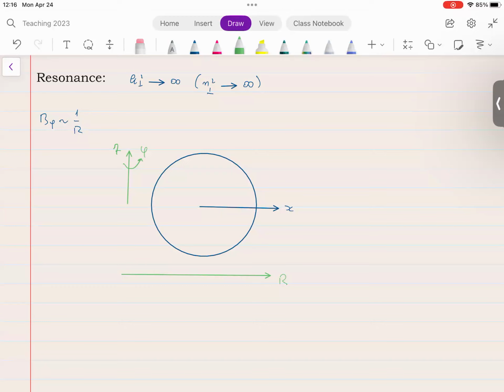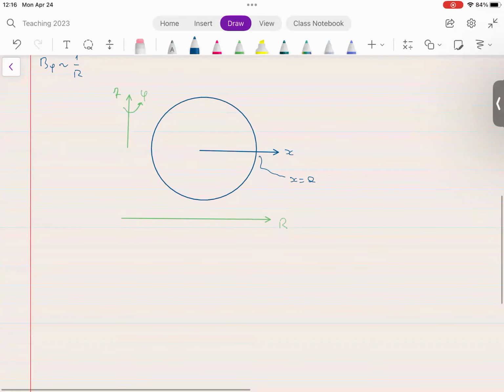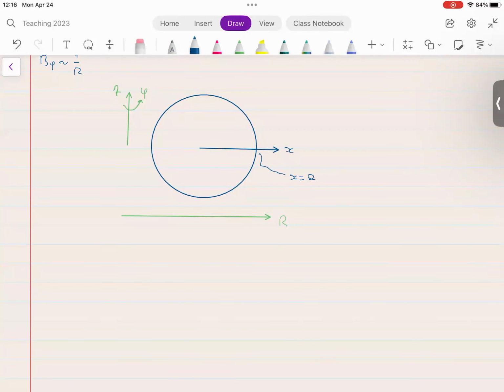Now, this point corresponds to x equal a, where a is the minor radius of the plasma. And this is where the wave enters the plasma. And let's assume that we want our resonance to be on axis, that is for x equals 0.